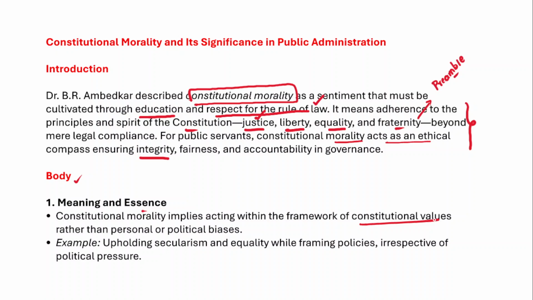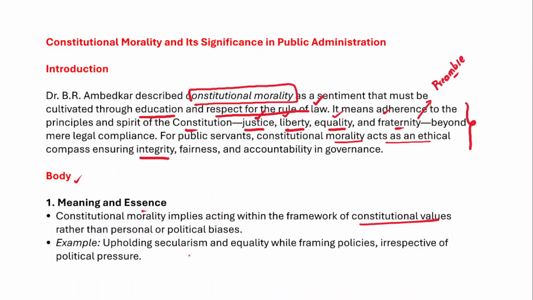For example, what are these constitutional values which are supreme over the personal interests and the political interests? For example, justice, liberty, equality, fraternity, democracy, or democratic values, right? So they are actually part of the constitutional morality.